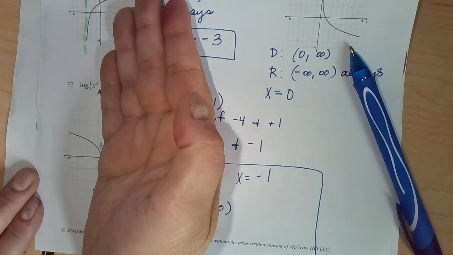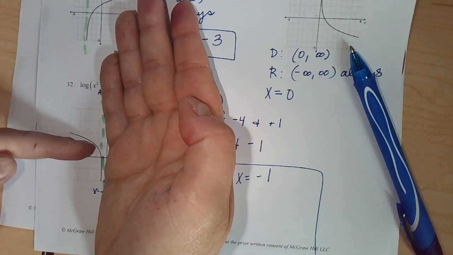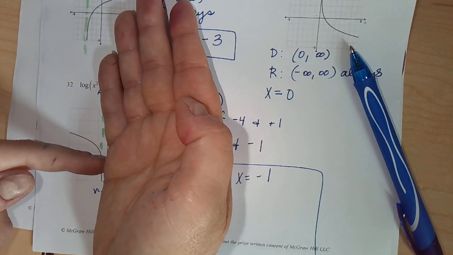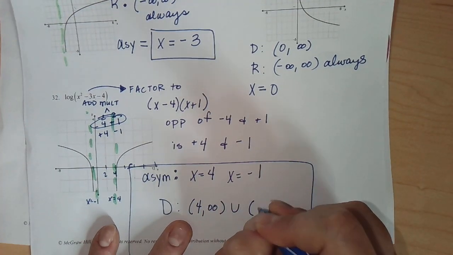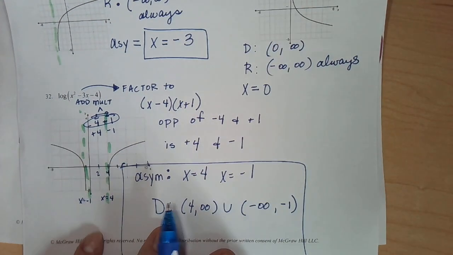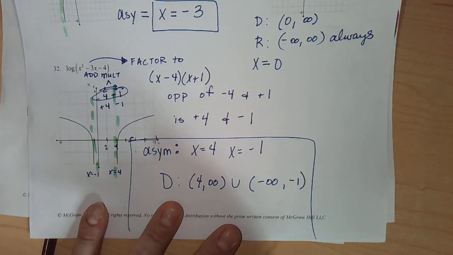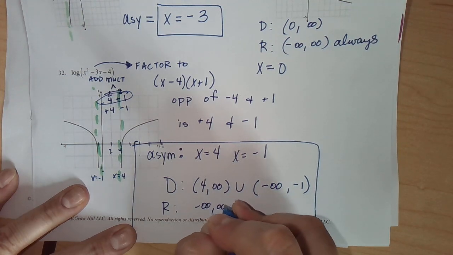So it looks like this left part of the graph covers negative infinity all the way to the x value of -1. So we're going to put negative infinity all the way to the x value of -1. All parentheses because these are asymptotes. Range, same as always.